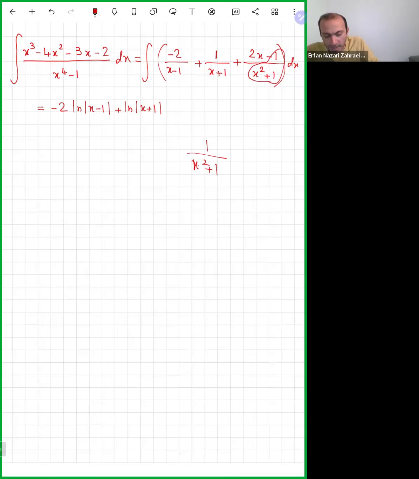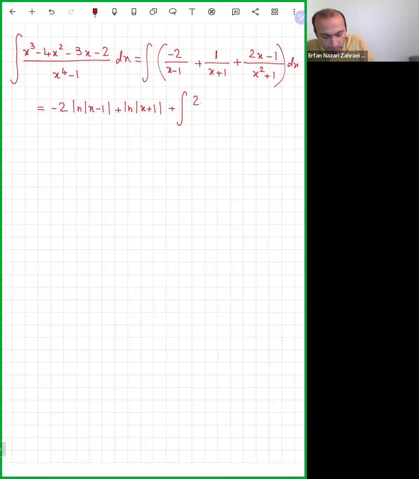So I knew that antiderivative of constant over x squared plus 1 is an arctangent. On the other hand, if I have this without that constant term, I see something and derivative of it is on top, which I can use a u substitution in it. So if I separate this into two integrals, each of them is easy to compute.